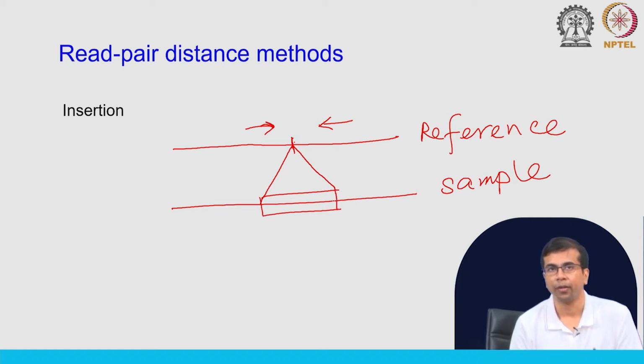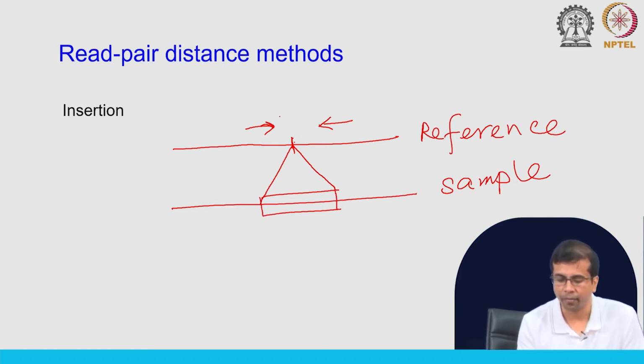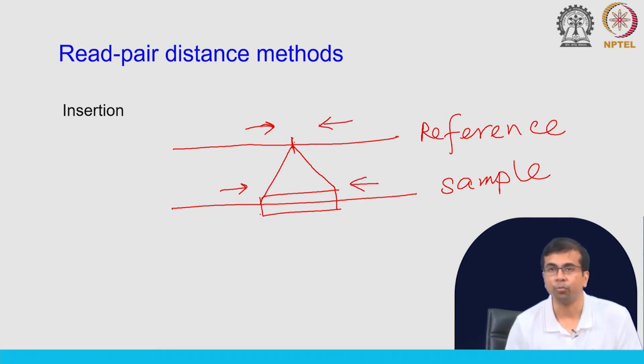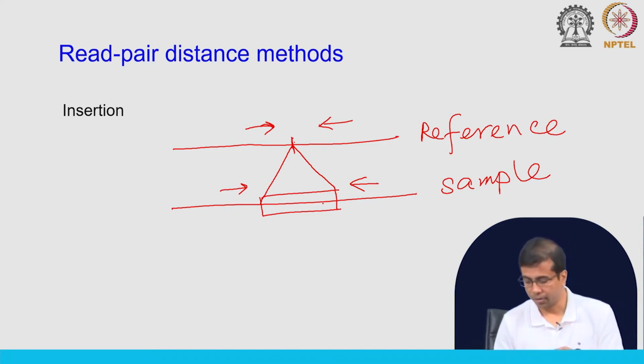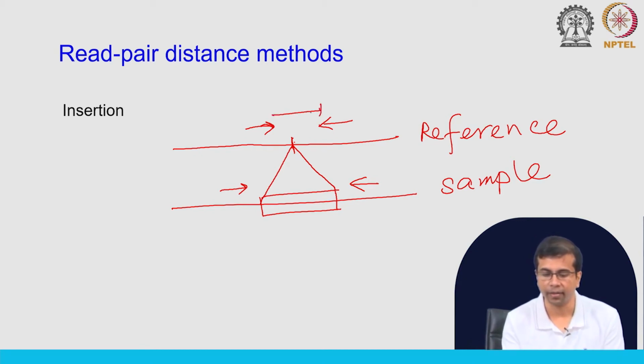What will happen is that for the reads mapping here, the distance between these pairs will increase because of the presence of this insertion. This is something we can see, and then we will say there is probably an insertion here. The expected distance is something like this, but the actual distance will be something like this.